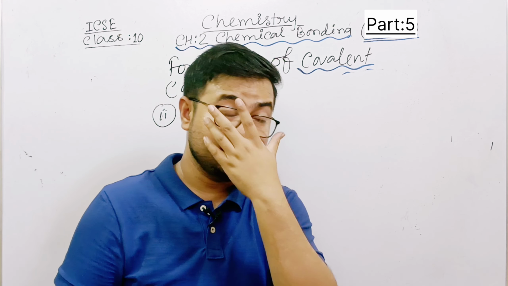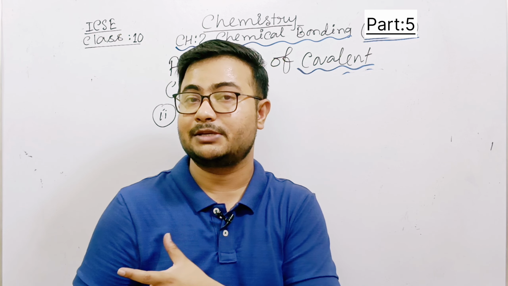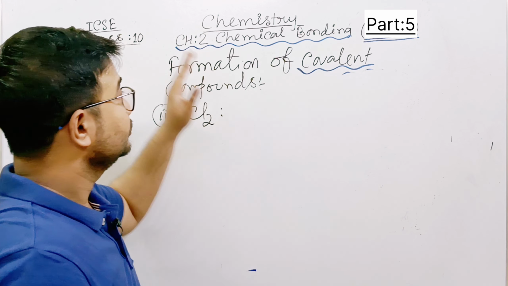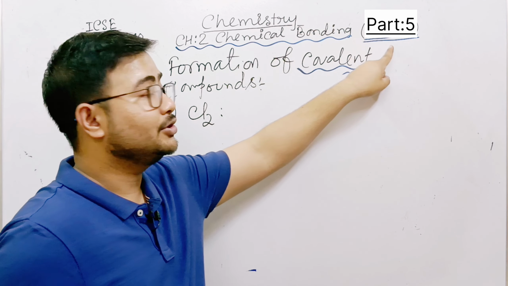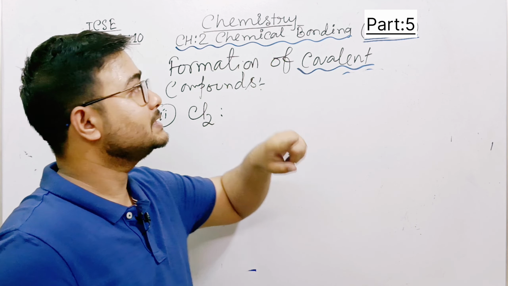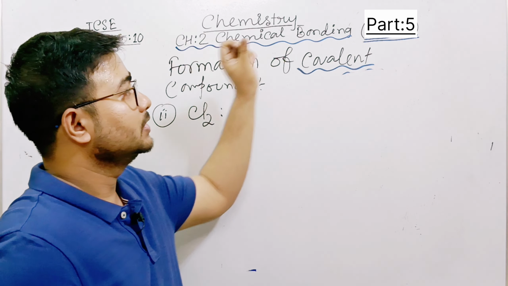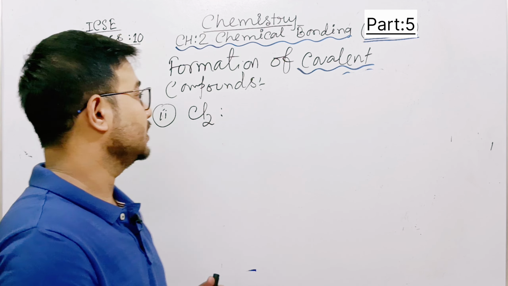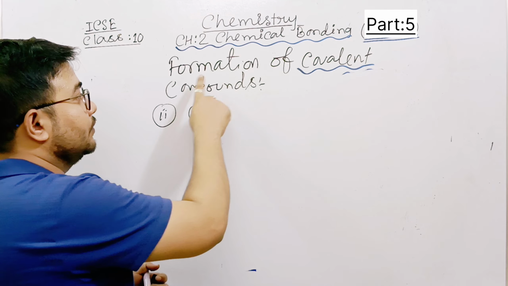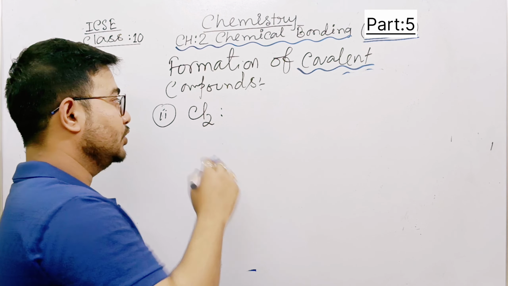I discussed all the positions of hydrogen and chlorine. So read and watch, make your own notes, part wise, chapter wise. Go to the playlist, chapter 1 is there, and so many parts are also there. So one after one, complete each part. Okay, now the formation of the covalent compound chlorine.